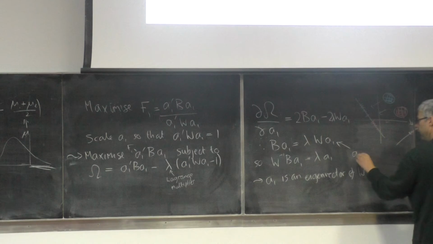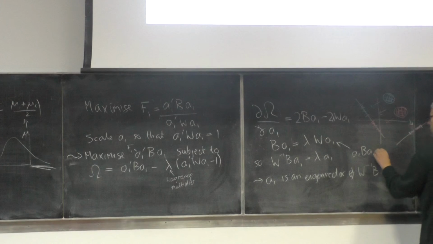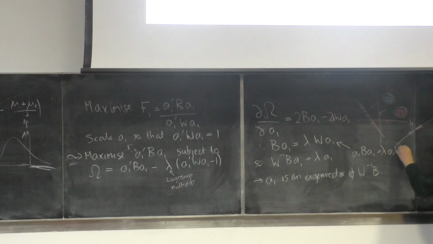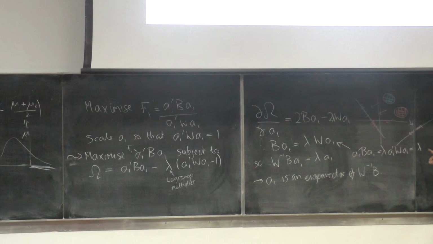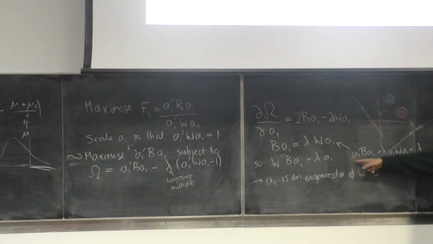So A1 dash BA1 is lambda, the eigenvalue, which is exactly this value of F1. And that's what we're trying to maximize.